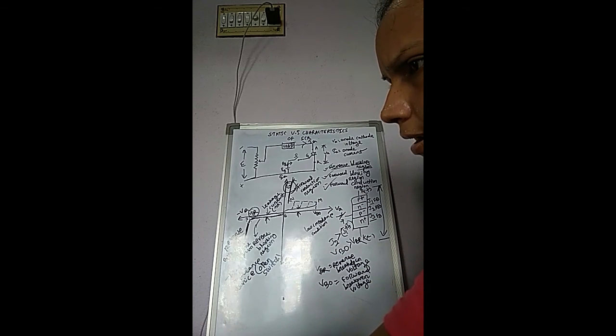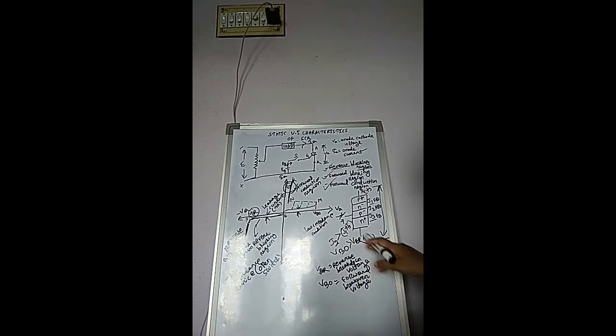What I told in this part is that the inner two regions of the SCR are lightly doped as compared to the outer layers. Here it is lightly doped, here it is lightly doped, here it is heavily doped, here it is heavily doped.